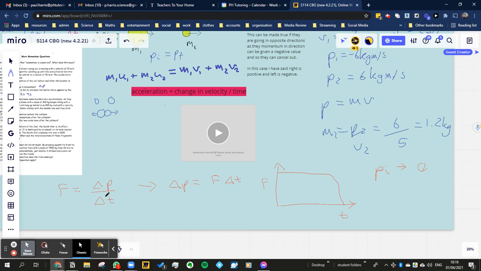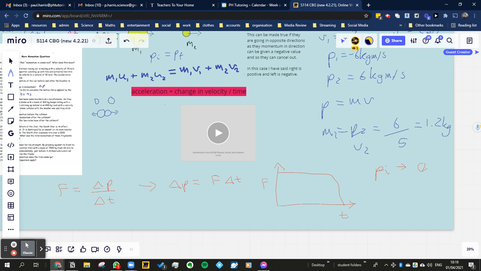But if we slow it down more gradually, then the force is going to be smaller, because when we divide a number by a large number, we get a small number. So if we did it in a short period of time, we're going to experience a high force, right? So let's say the change in momentum was 50 kilograms meters per second, whatever.